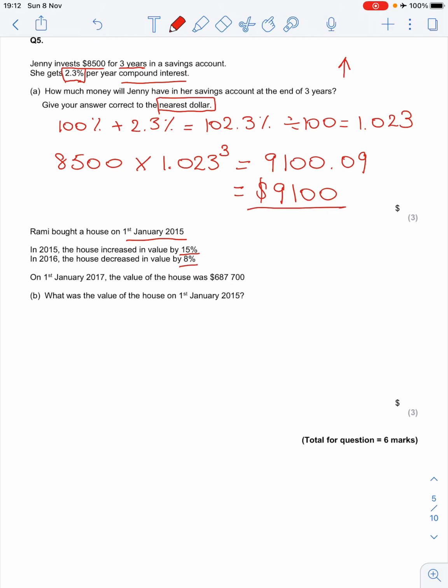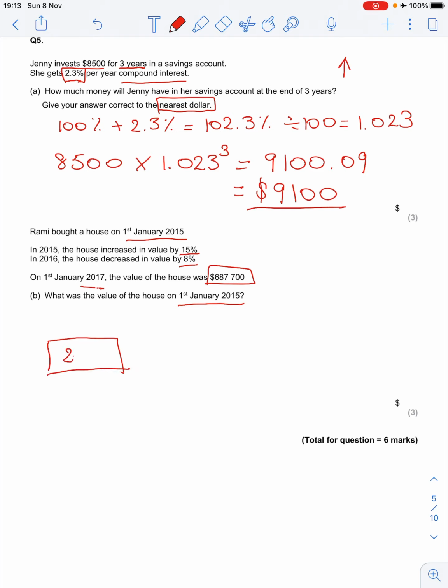So on the 1st of January 2017, the value of the house was 687,700. So what was the value of the house on 1st of January 2015? So this is actually a reverse percentage question.